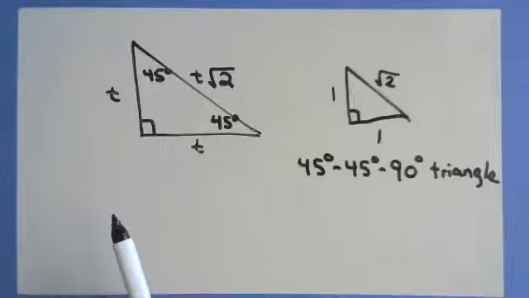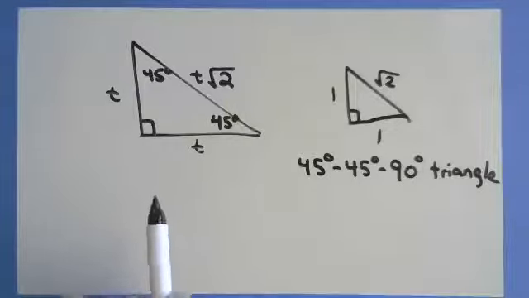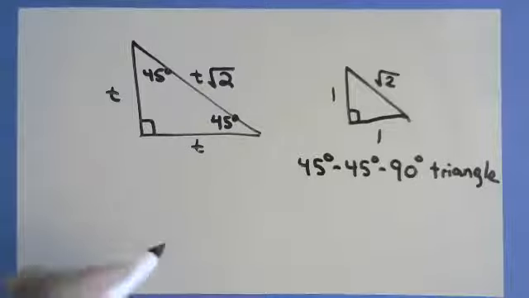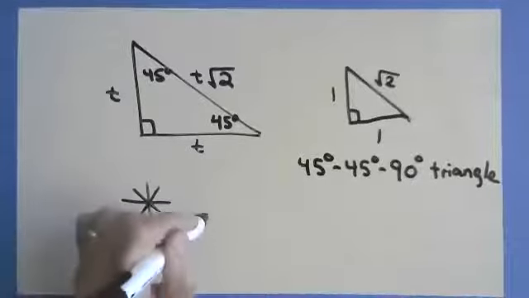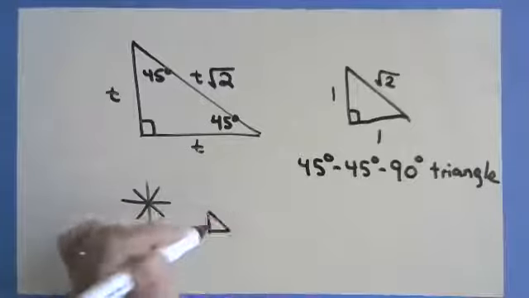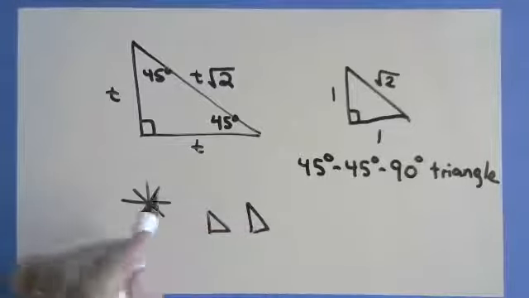I even include for you a special sheet that has a place for you to draw all the different angles that we're going to learn, and it has the two special triangle shapes on there.